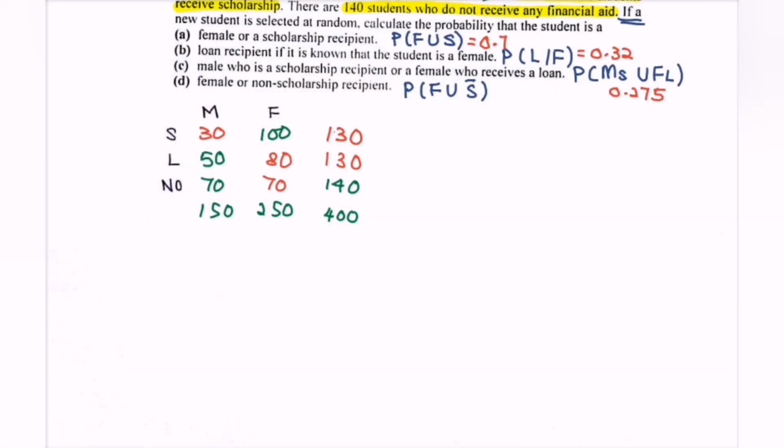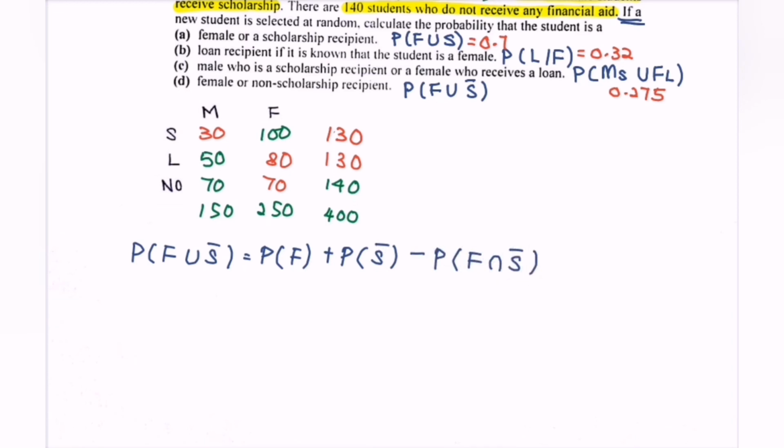Next we have the D. Find the probability for female union non-scholarship recipient. So we have the formula: probability for F plus the probability for S complement minus the probability that F intersect with the S complement. So from here, we refer to the female where we have 250 over 400, plus we have the non-scholarship. So that means exclude the scholarship.